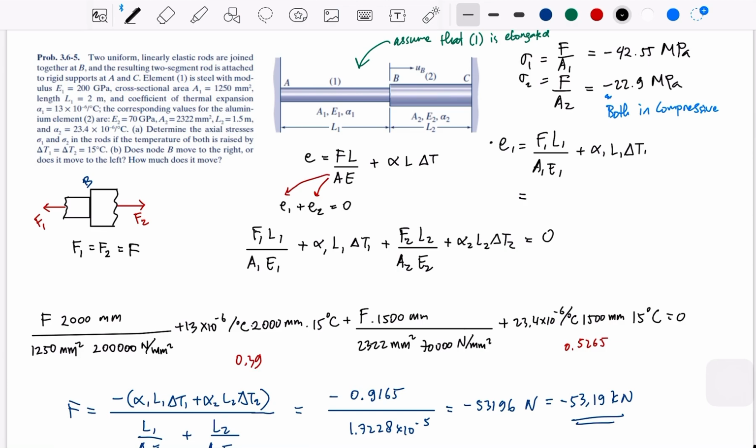And we need to include the negative from here inside the F. So we need to be consistent from the very first introduction, and in the process also we need to be consistent.